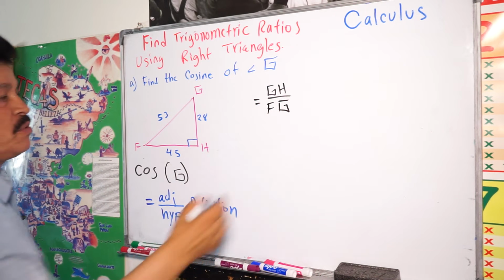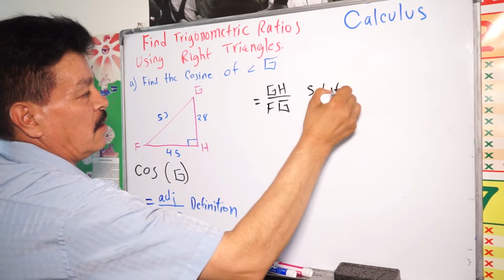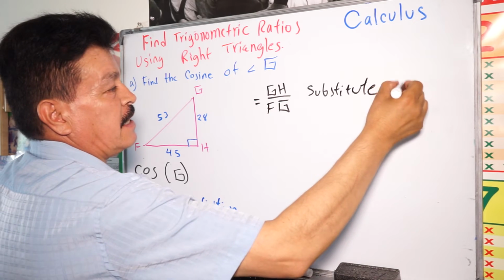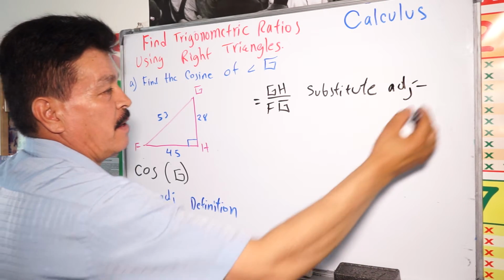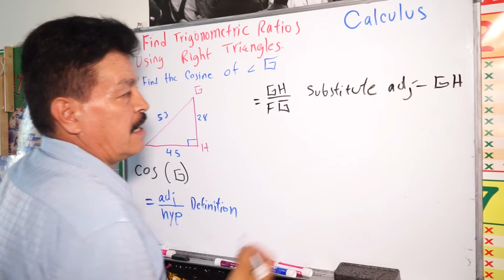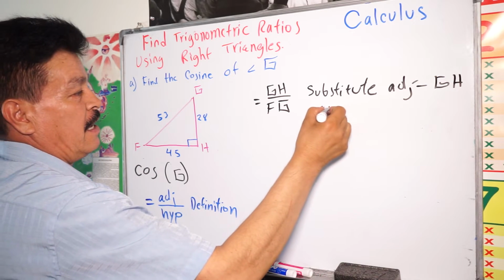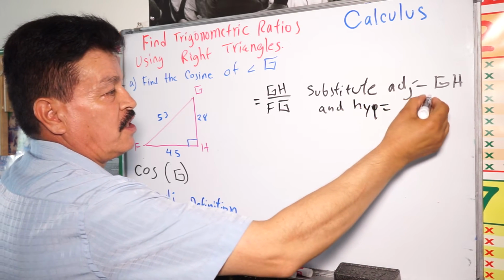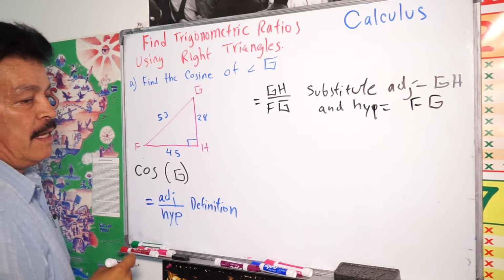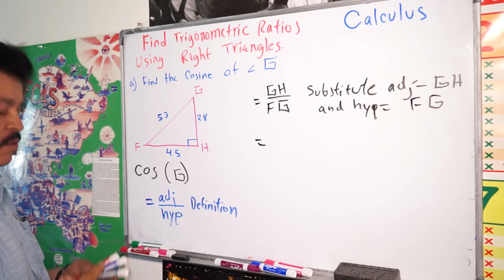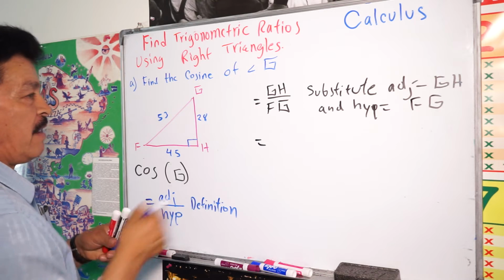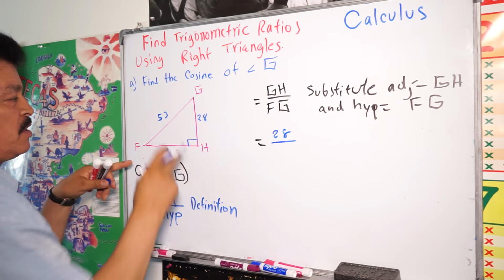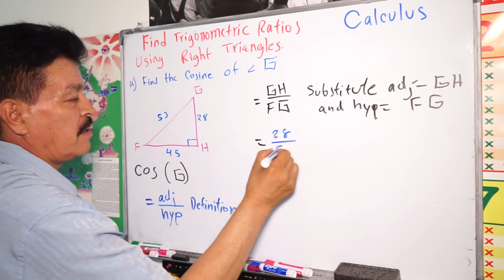All right, this is the substitution: adjacent equals GH, and hypotenuse equals FG. Next step, you substitute the numbers that we have here. GH equals 28, and the hypotenuse equals 53.